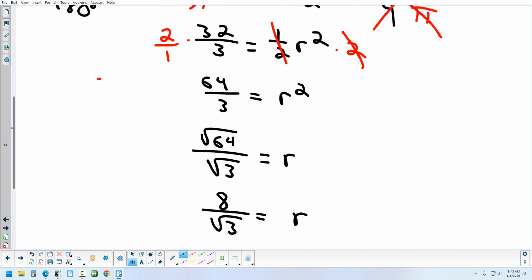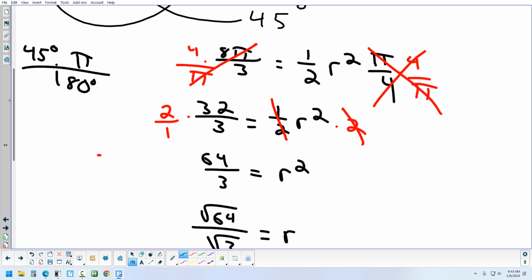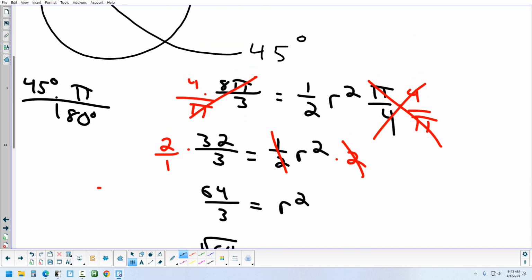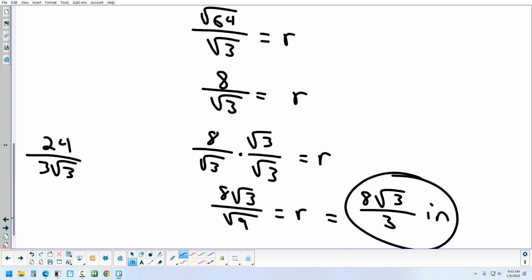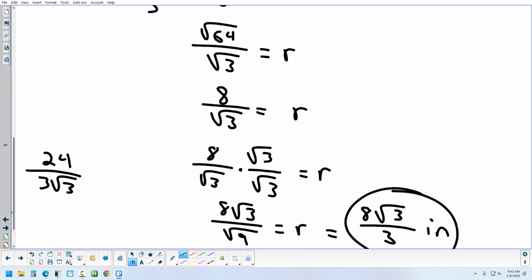Okay, so we really finished the part that I taught you at this step right here. Everything after that is simplifying a square root in the denominator. But that's how you do it. And I usually combine some of those steps together, but I just did them all out so you could see them.